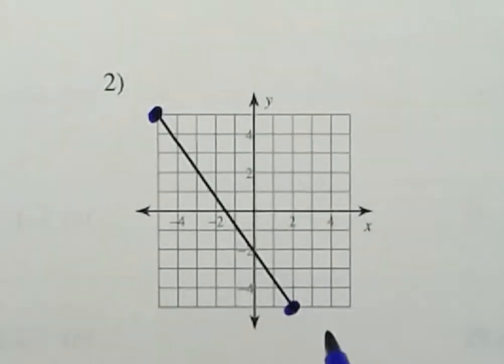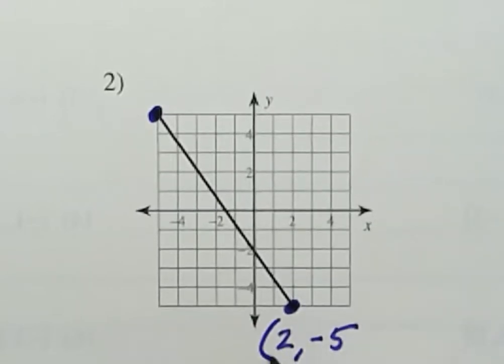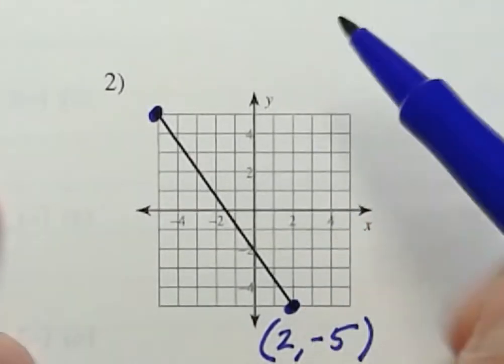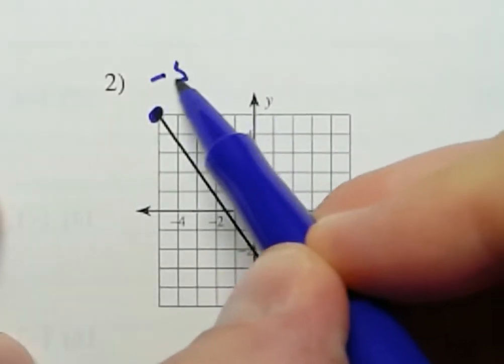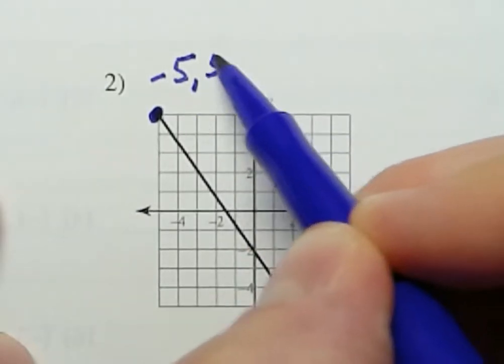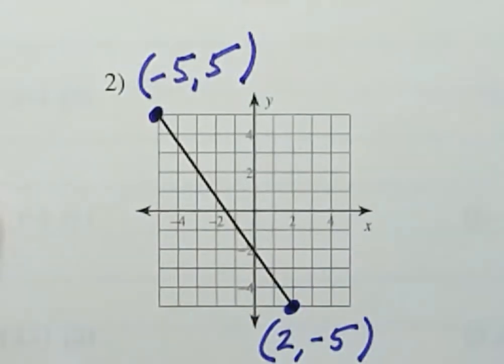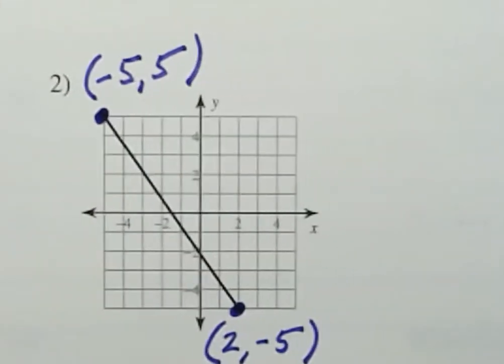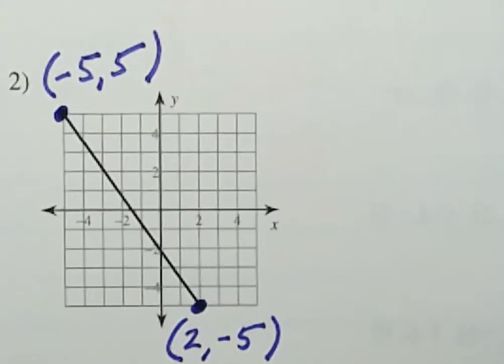And this point is (2, -5). And this point is (-5, 5). Okay? So we're going to find the midpoint here, and we're going to do that by calculating the average.